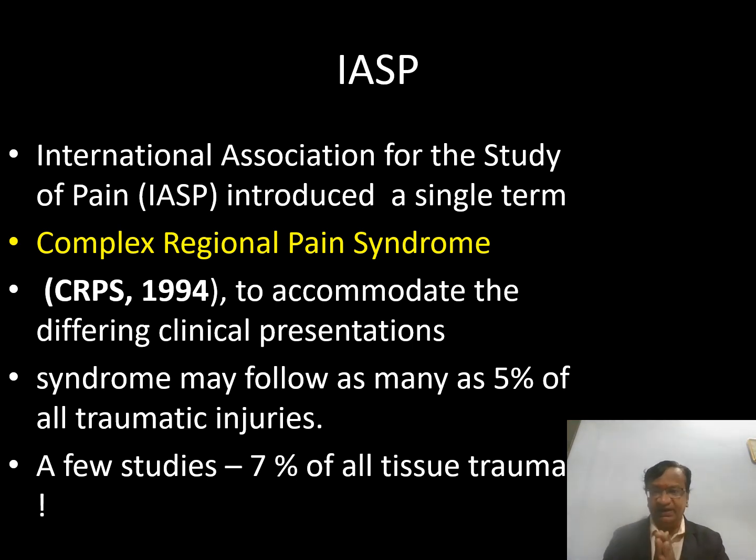Some patients may have pain, some patients may have atrophic symptoms. So that is why they said all these things should come under complex regional pain syndromes. They say the incidence is 5%, and a few studies say 7%. What I will put it as is around 15 to 20%, because there are a lot of patients who are undiagnosed in India.